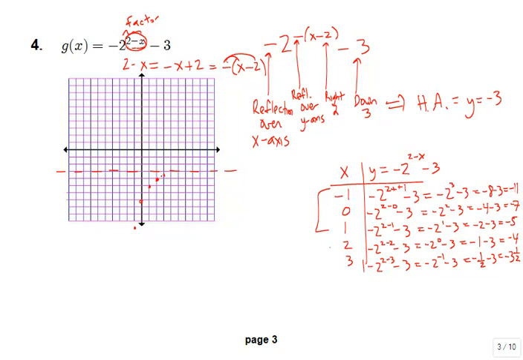And you can see these points are going down as we go to the left, and they're going to start to level off from below towards that horizontal asymptote. So there's the graph of our exponential function.